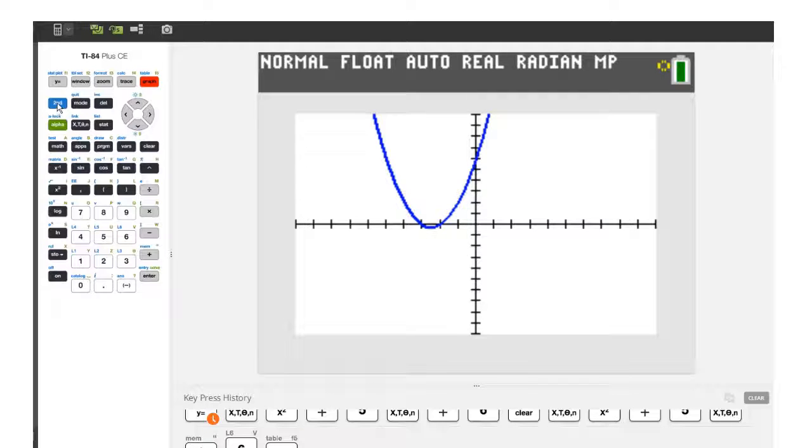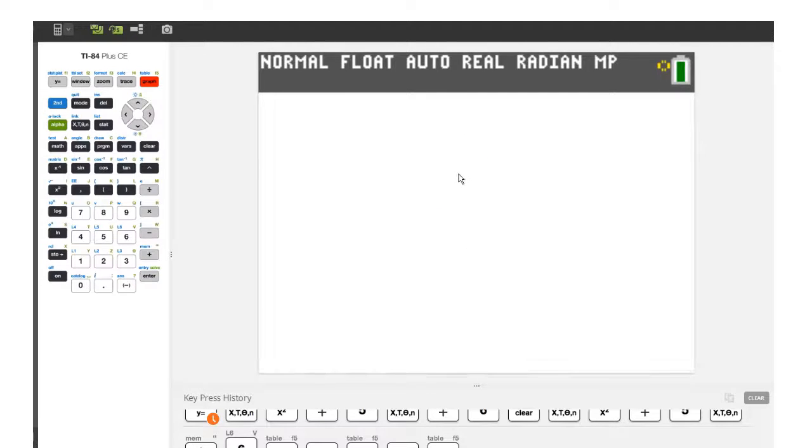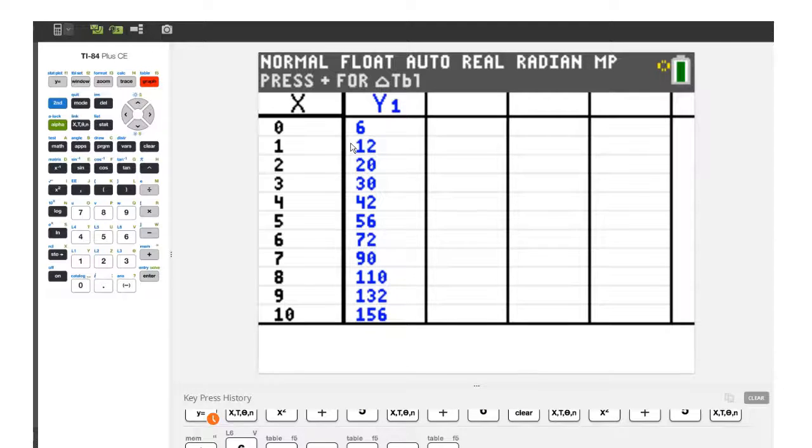And if I look at the table, I see that the zeros are -3 and -2.